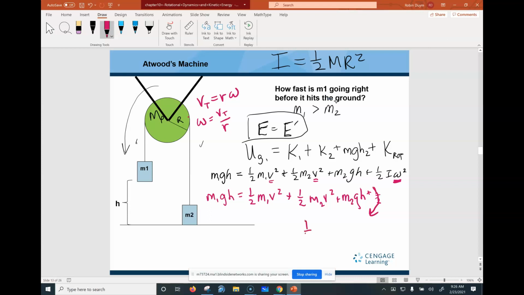It's going to be 1/2, then my moment of inertia is 1/2 mr squared, and then my omega squared will be v squared over r squared. And it's very nice because in most of these problems, lots of stuff cancels out.